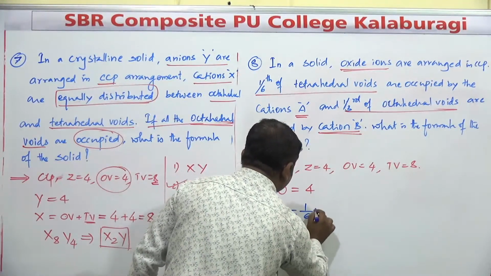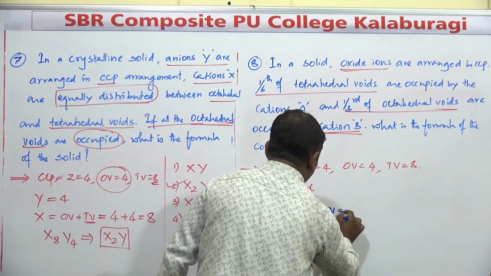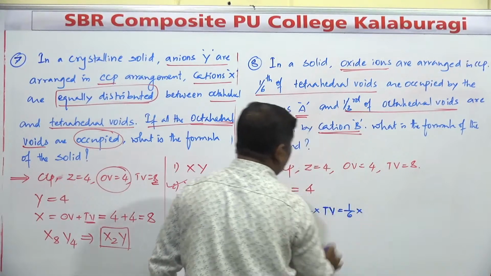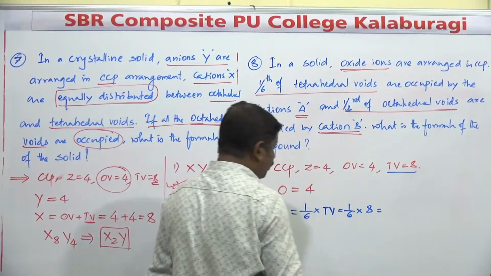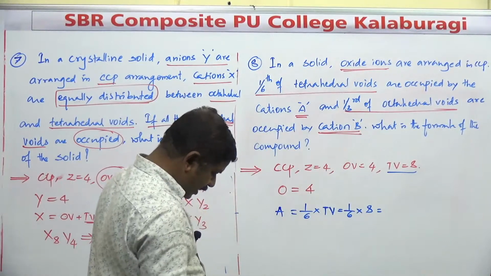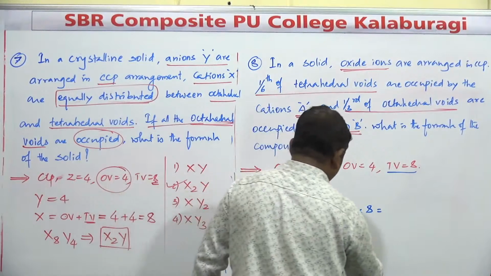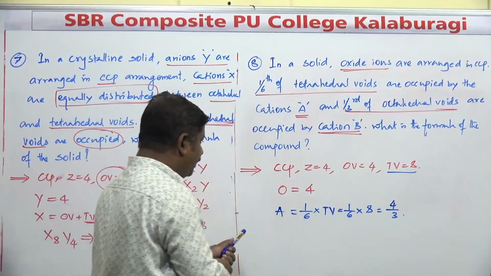It is 1/6 into the total number of tetrahedral voids, which is 8. 1/6 into 8 is going to be 4/3.